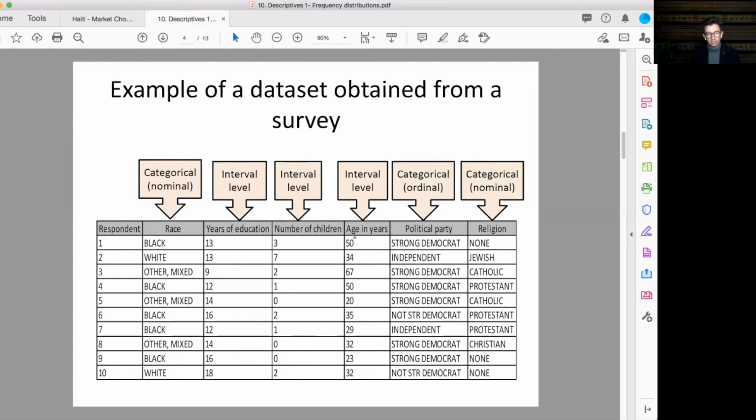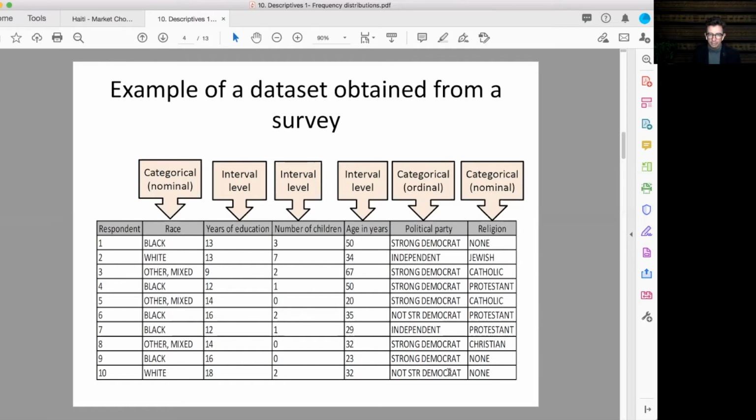Age in years is also an interval level variable. Political party, that can be nominal or ordinal, right? If you can order them in terms of how Democrat a respondent is. So strong Democrat is more Democrat than independent. A strong Democrat is more of a Democrat than not a strong Democrat, and so forth.